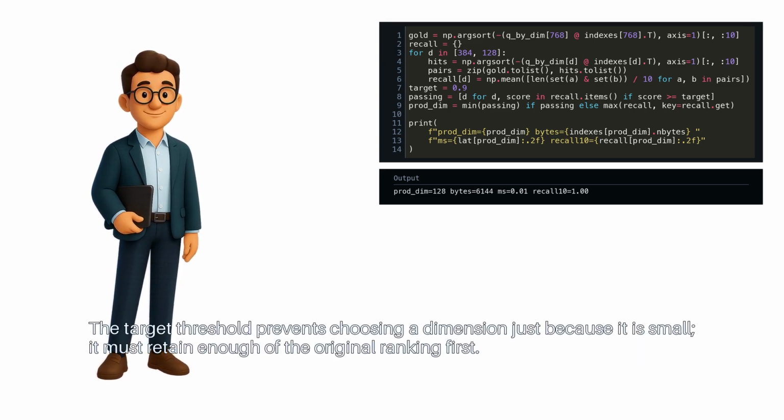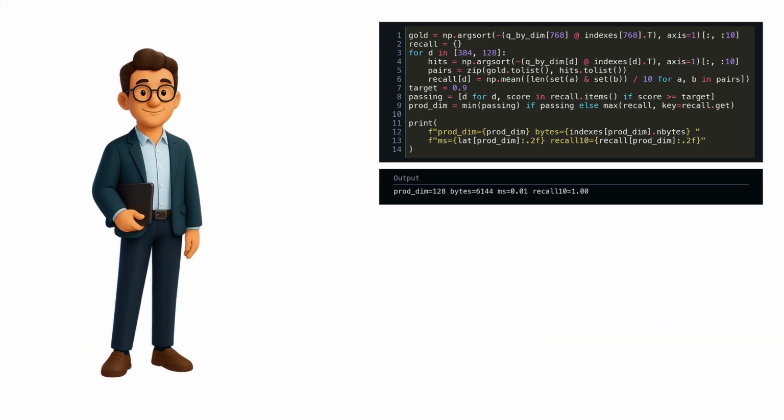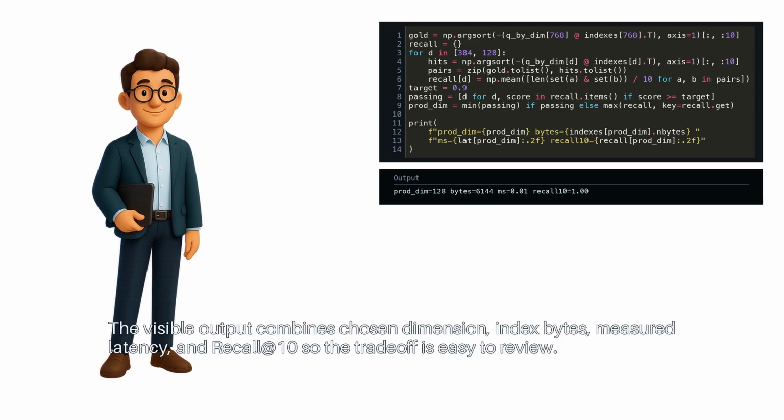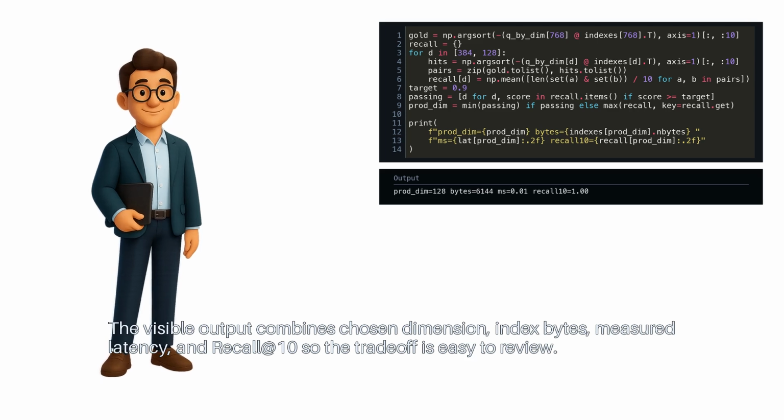The target threshold prevents choosing a dimension just because it is small. It must retain enough of the original ranking first. If multiple dimensions pass, min passing picks the smallest index that meets the bar. The visible output combines chosen dimension, index bytes, measured latency, and recall at 10, so the trade-off is easy to review.